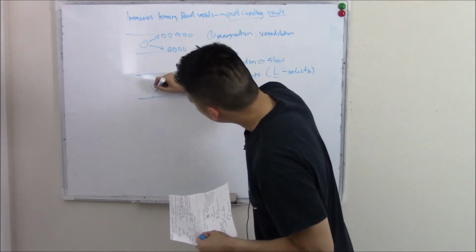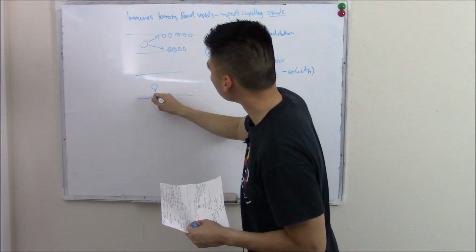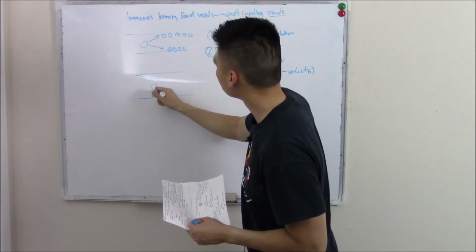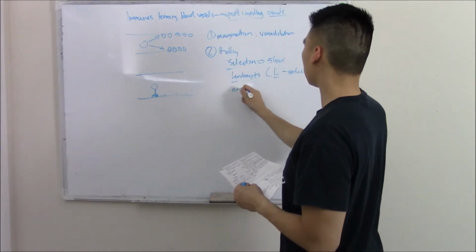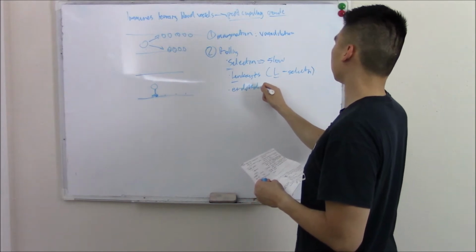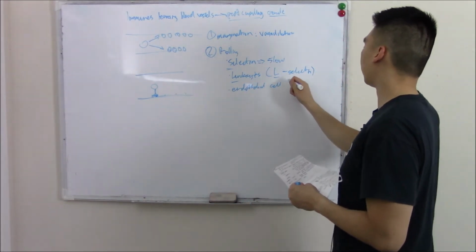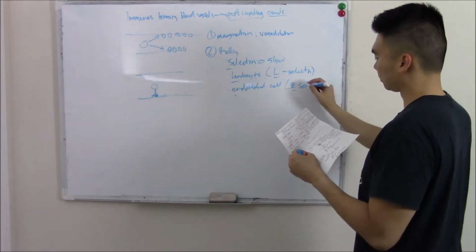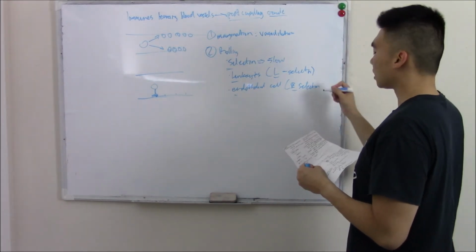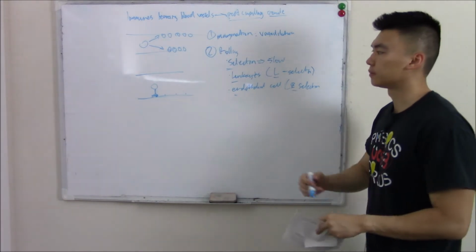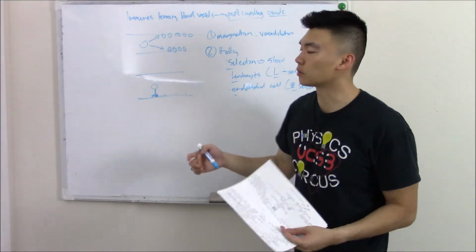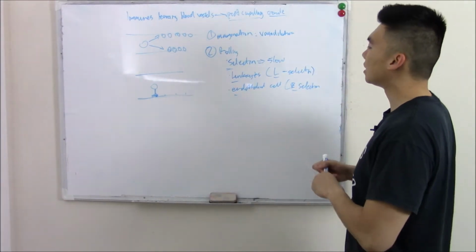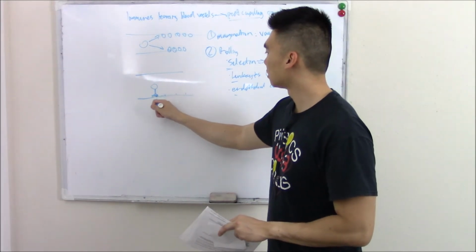It might have this L-selectin that binds to the selectin of your endothelial cell. Your endothelial cell has E-selectin. Think E for endothelial. And this is not usually expressed unless there's inflammation, right? I mean, your cells shouldn't leave unless there's inflammation. So it will express E-selectin. So this is E. This is L.